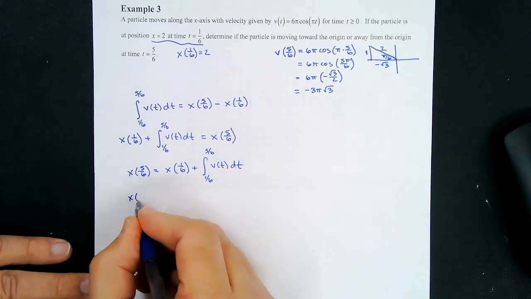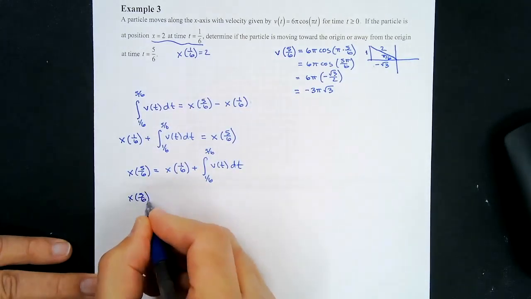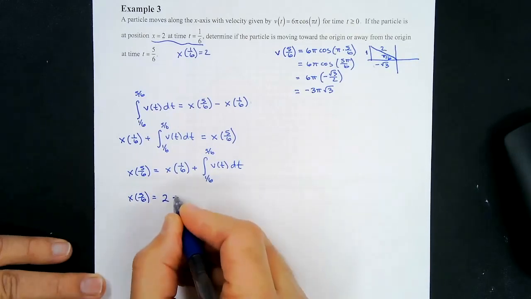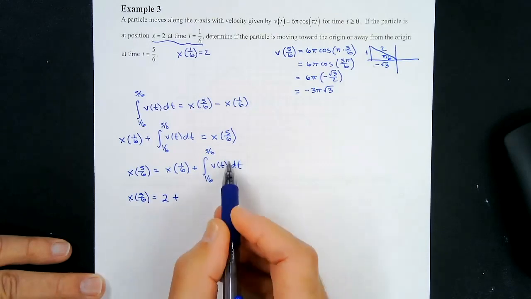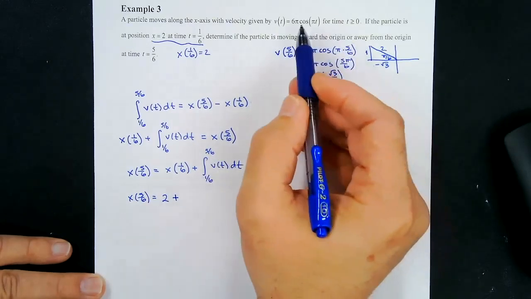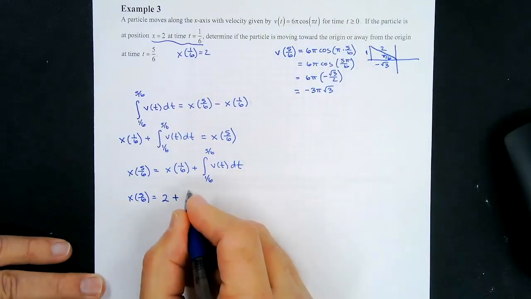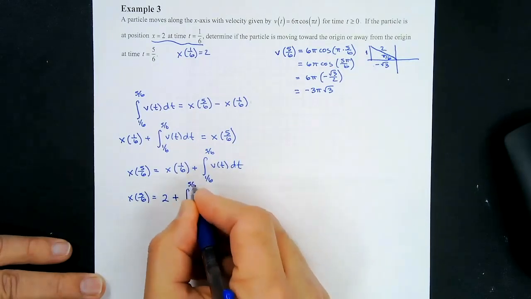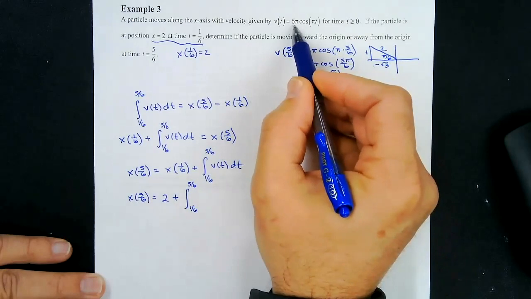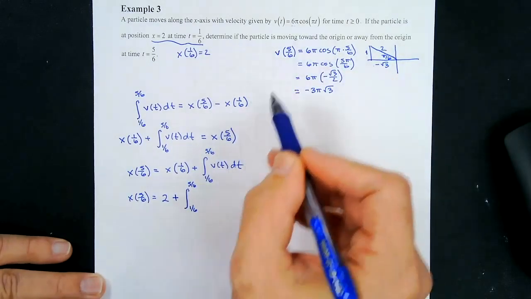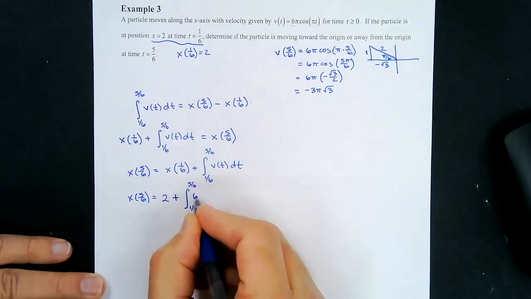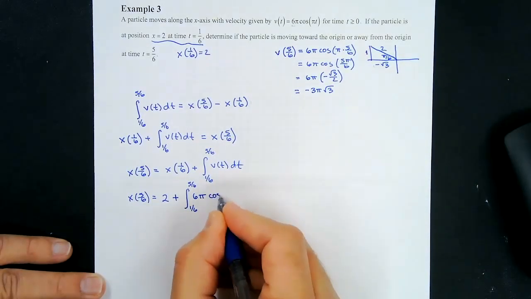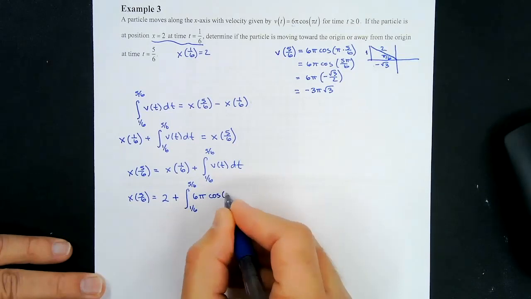So x of 5/6 is equal to 2 plus, and then we've got to integrate this. Let's go ahead and write 1/6 to 5/6, and replace v of t with 6 pi cosine of pi t. I wish I'd done it right here. I didn't though. 6 pi cosine of pi t.